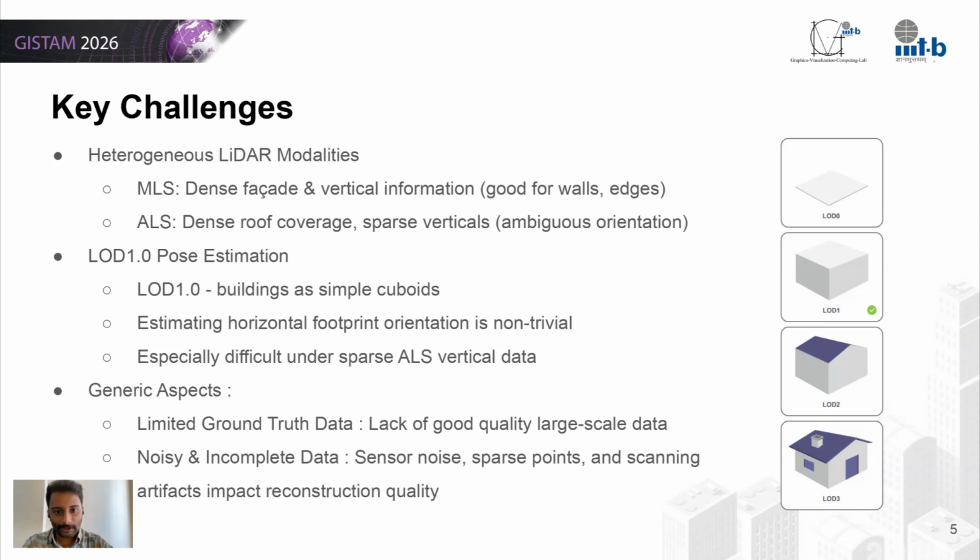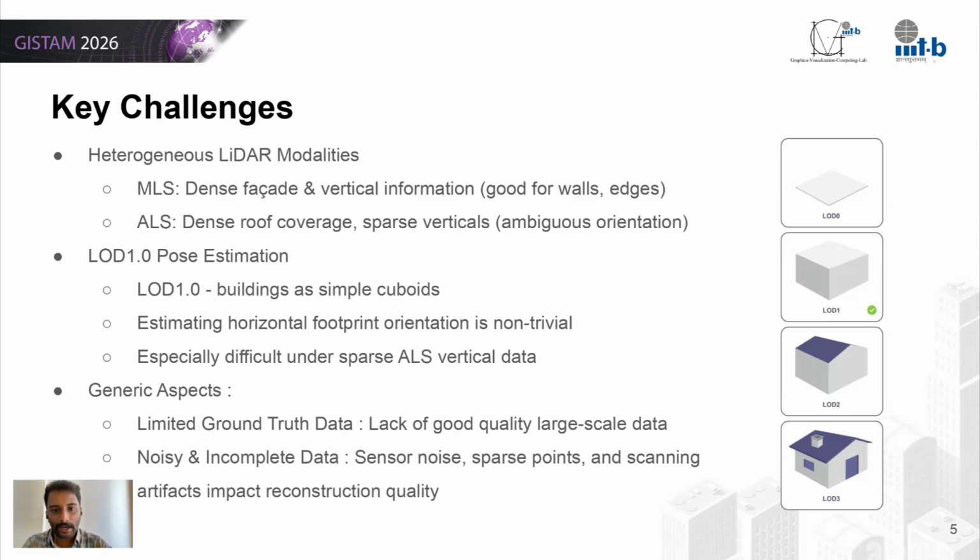Before diving into the methodology, let me highlight some key challenges. First, heterogeneous LiDAR modalities. Mobile LiDAR or MLS provides dense facade and vertical information, which is very useful for capturing walls and edges. However, in practice, MLS datasets like Paris-Lille often cover only partial views of the buildings, typically the visible facades along the trajectories.